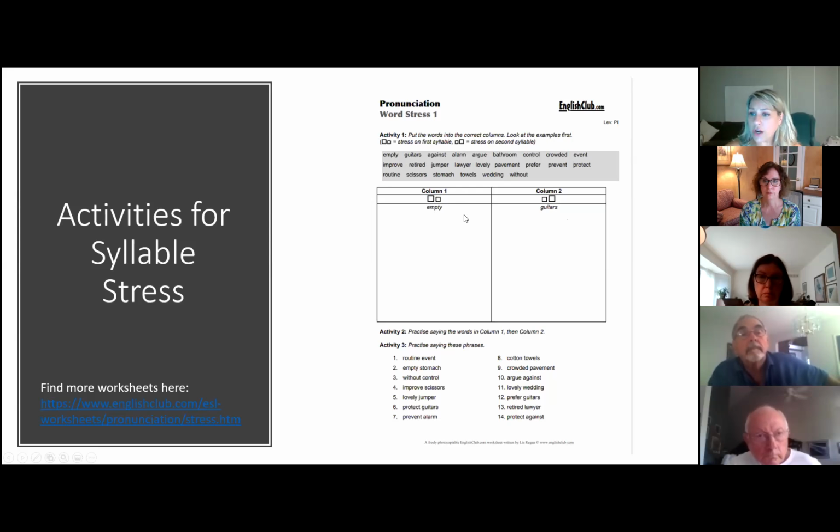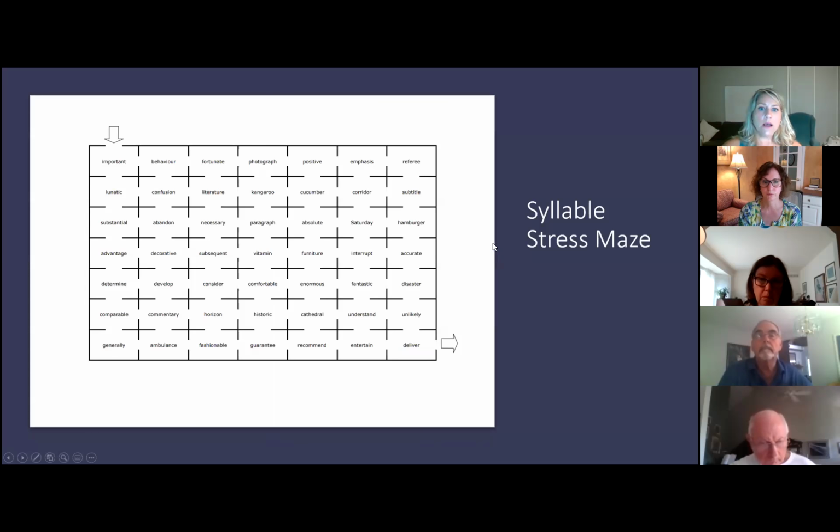So guitar, empty. Down here too, I say these phrases as well. And then I will say them, and then they can say them, all right? So they have to hear it before they are able to pronounce these in the correct way, okay?